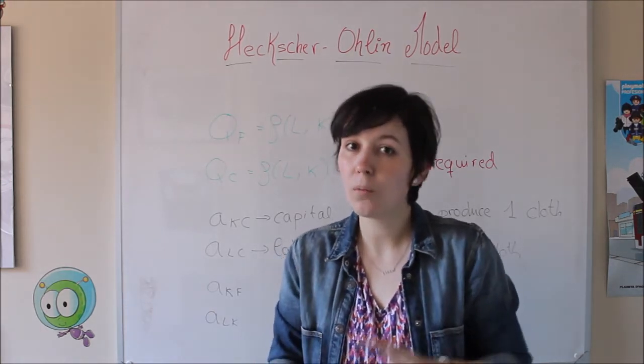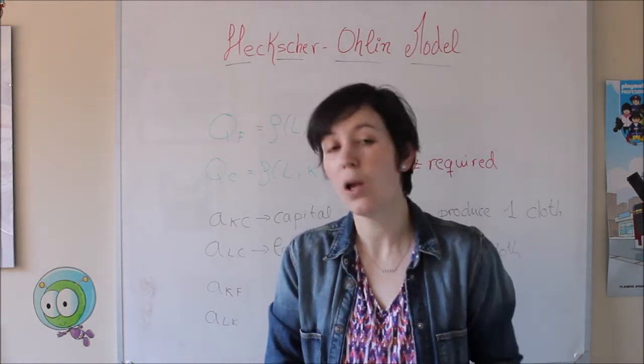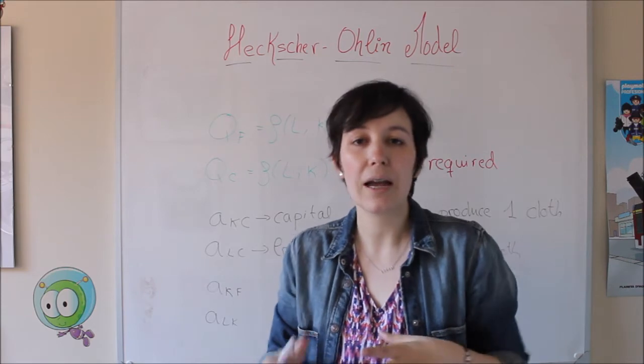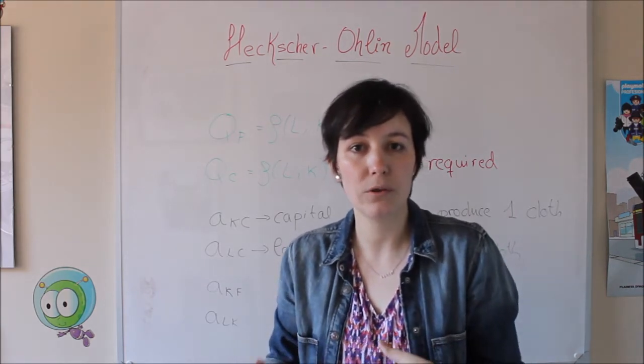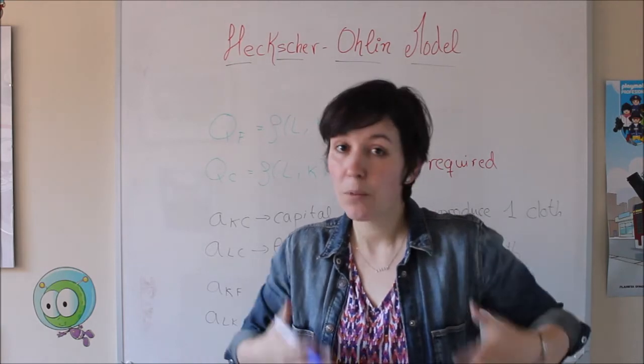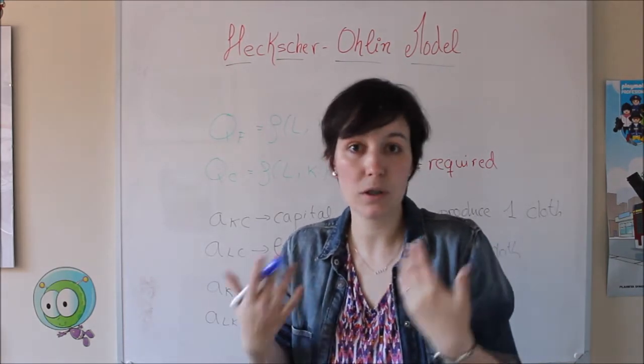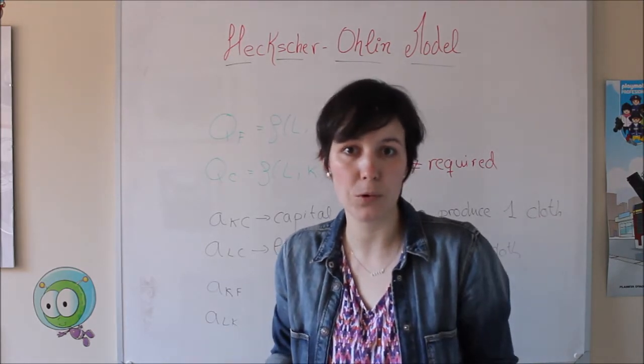So more labor, more production, and always in the same proportion. We didn't have any kind of diminishing marginal returns of capital, because we don't have machines. Production is just the input of labor. More labor is always more production in the same proportion.